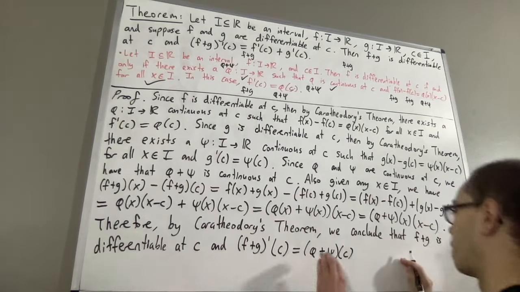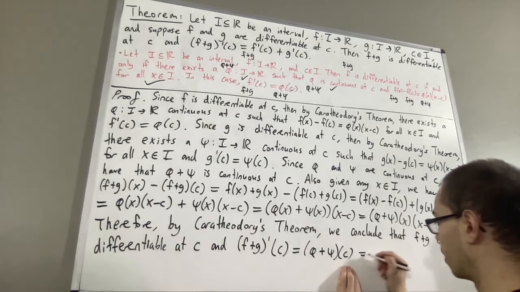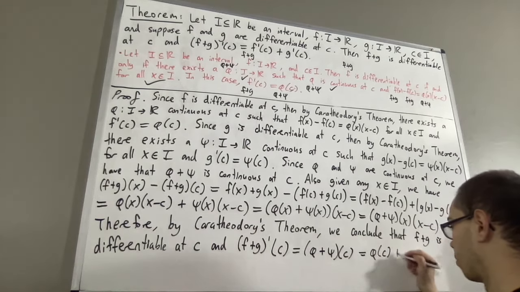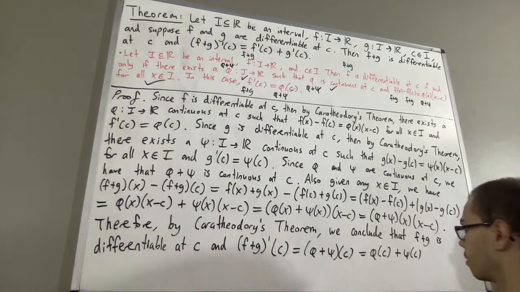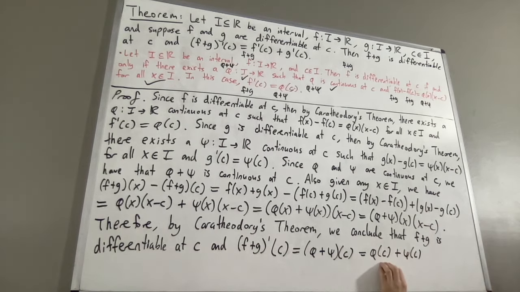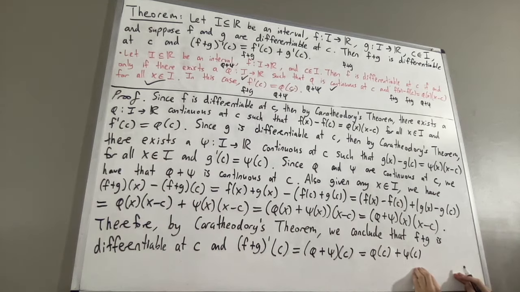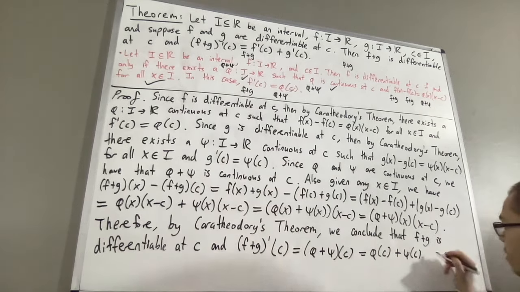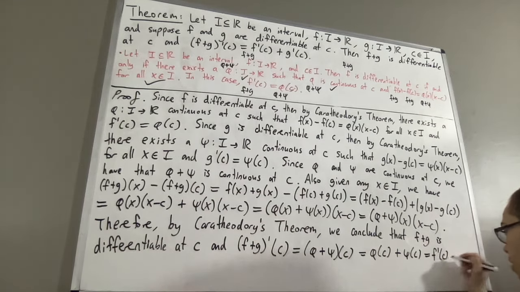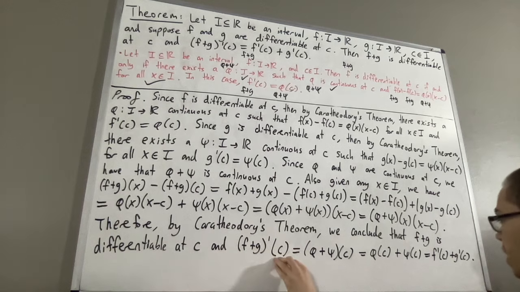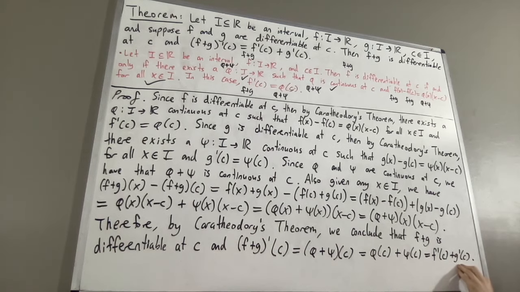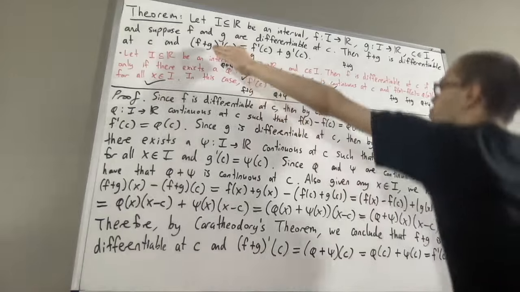Now, phi plus psi evaluated at c is phi of c plus psi of c. But we know phi of c is equal to f prime of c, and psi of c is equal to g prime of c. So we have f prime of c plus g prime of c. And so we see that f plus g prime of c is equal to f prime of c plus g prime of c. And that's what we wanted to show.